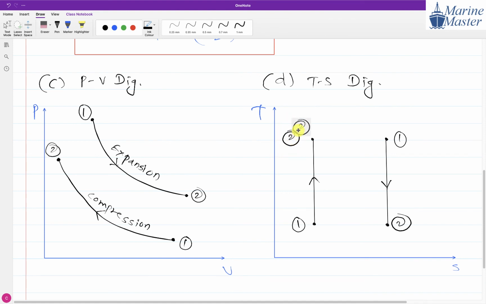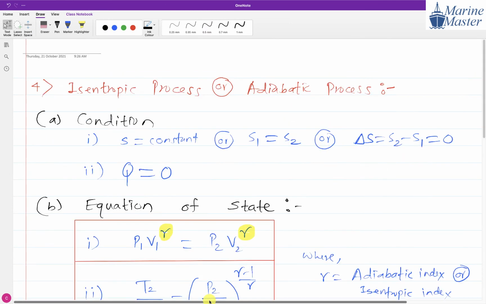So first of all, remember one point. What is the meaning of an isentropic process? What will be the heat transfer for an isentropic process?